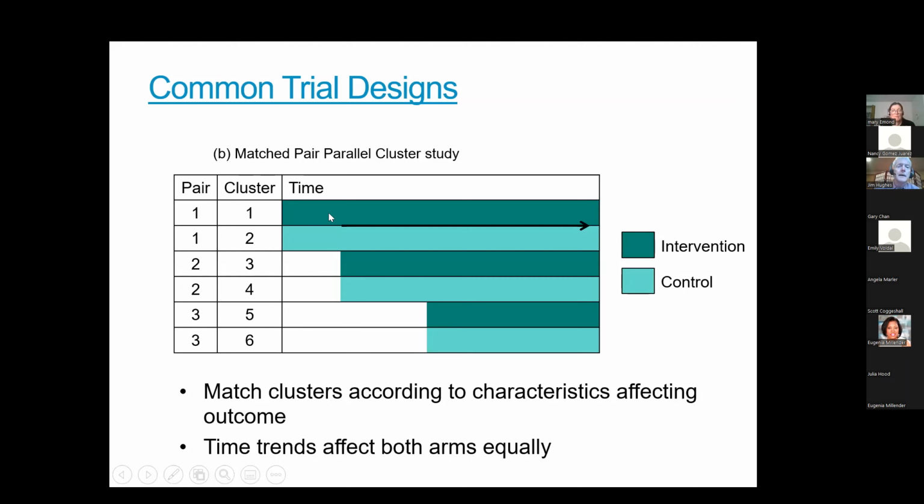Yeah. Okay. If there are logistical issues with starting all the clusters at the same time, well, you don't have to worry about that so long as you start the pairs at the same time, because again, the comparison is within the pair. So that I'd say is the most commonly used cluster randomized trial design, some sort of matched pair design.